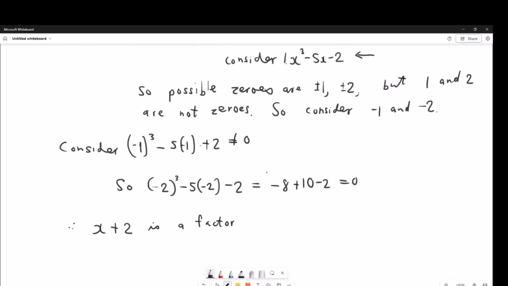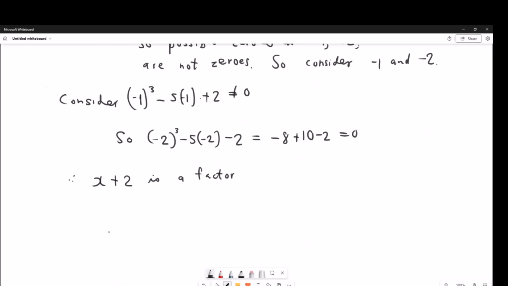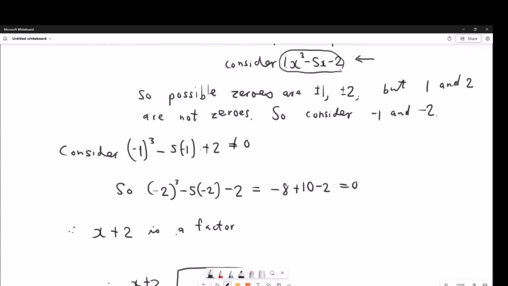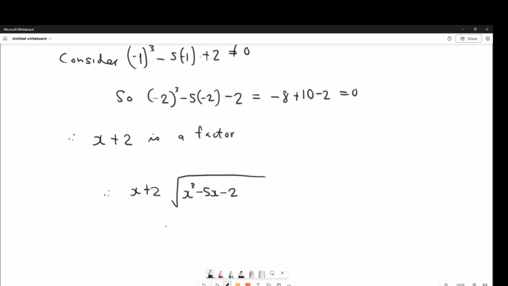So let's divide x plus 2 into the smaller degree polynomial, x cubed minus 5x minus 2. So we divide it into there.